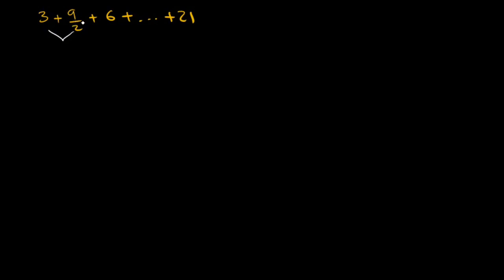So 9 over 2, which is 4.5, minus 3, this will give me 1.5. 6 minus 4.5 will give me 1.5. So from this, I can tell that it's an arithmetic series.